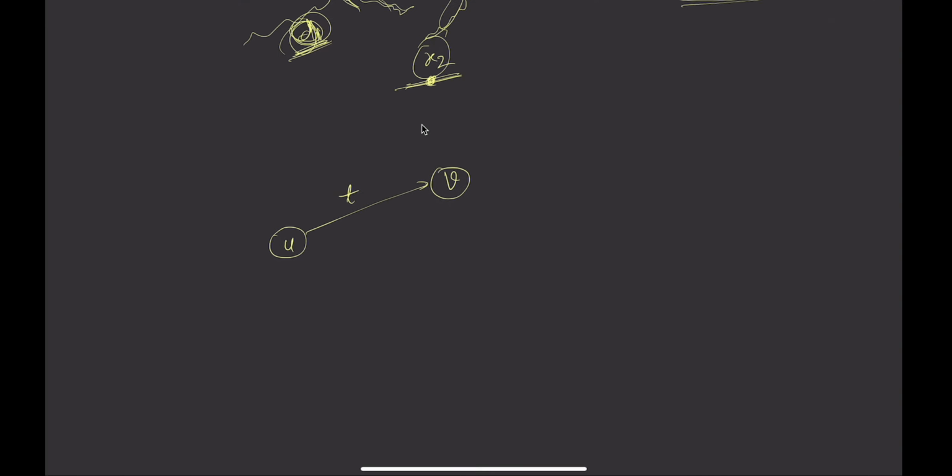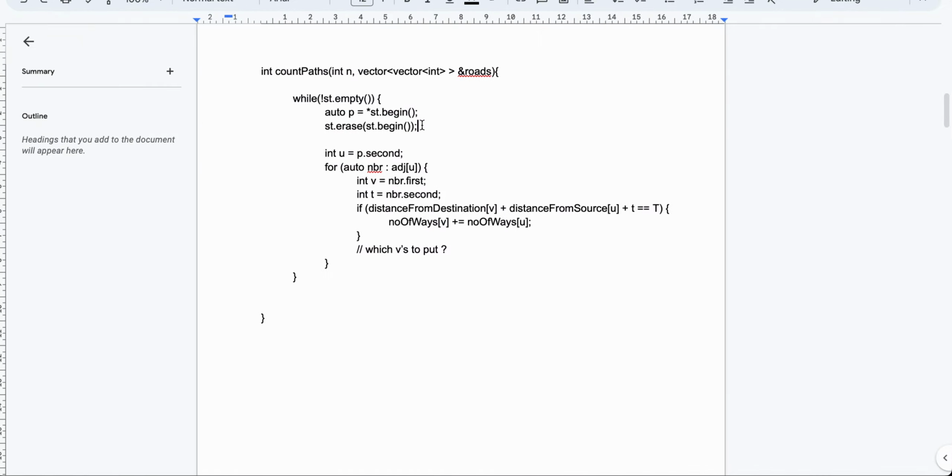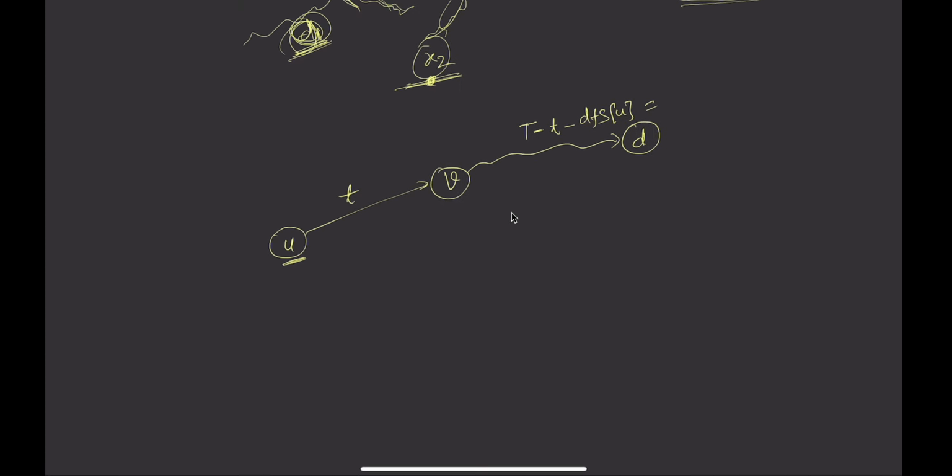And I also know that the time to reach the destination from v is nothing but total time minus t minus, suppose, distance from source of u, this one only, right? So the time distance from destination should be equal to distance from destination of v.